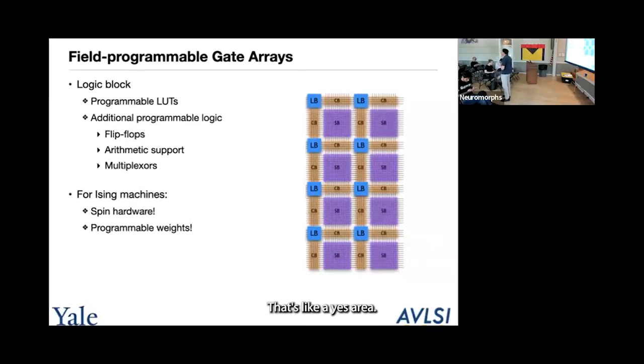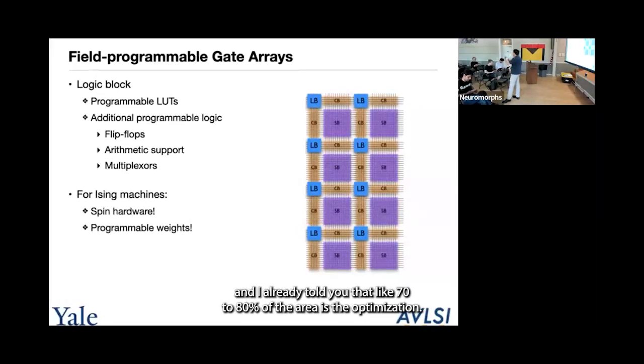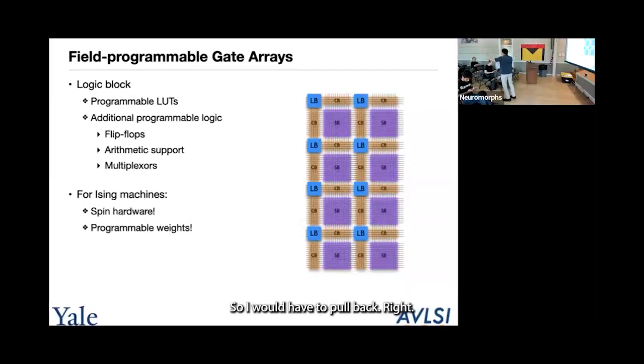That's like a 3x area penalty, roughly, even if I make the SRAM cell VR sequencing, which you have to because otherwise it won't yield. I can get into that later. I already told you that 70 to 80% of the die area is optimized SRAM, so I would have tripled that. It's a huge penalty. If you have a big design, you can't afford a simple scan chain, you're tripling your die area. Nobody does it, except papers.